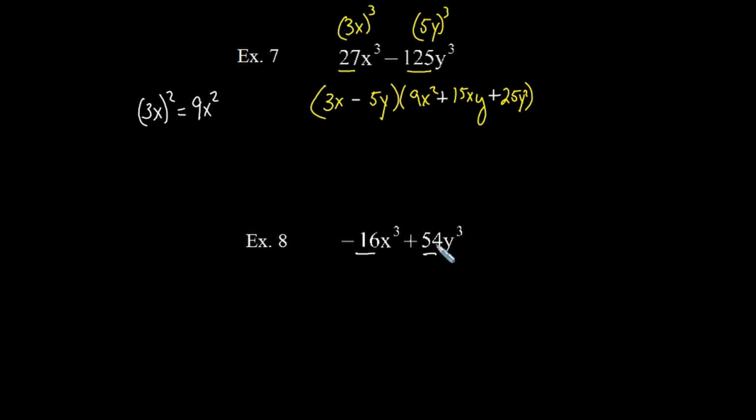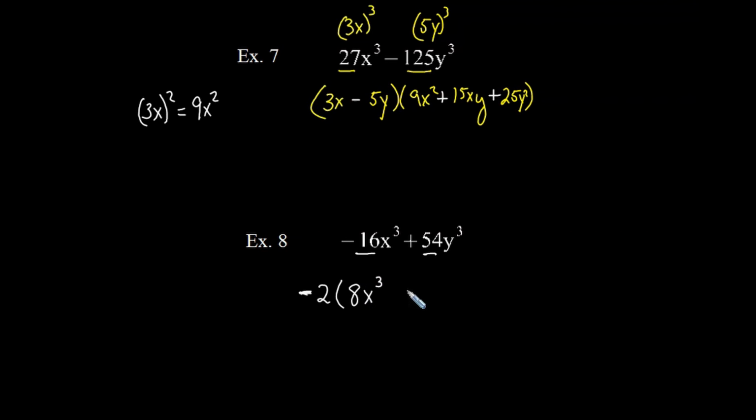But we're not currently seeing our perfect cube coefficients. But we have a negative out here in front of the leading coefficient, which we never want to try to factor with that negative out front. So we know we're going to factor out that negative. We're also going to factor out a 2 because 16 and 54 are divisible by 2, and that will give us an 8 and a 27 for those two terms as coefficients.